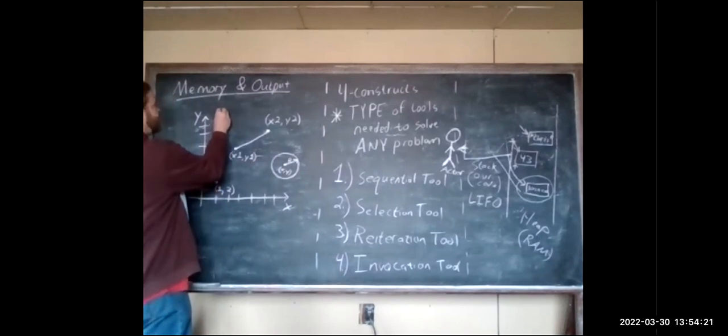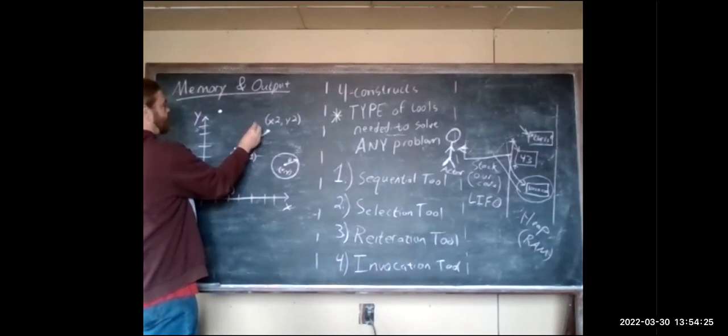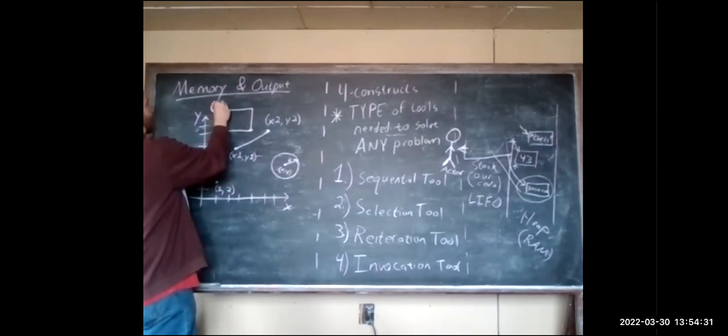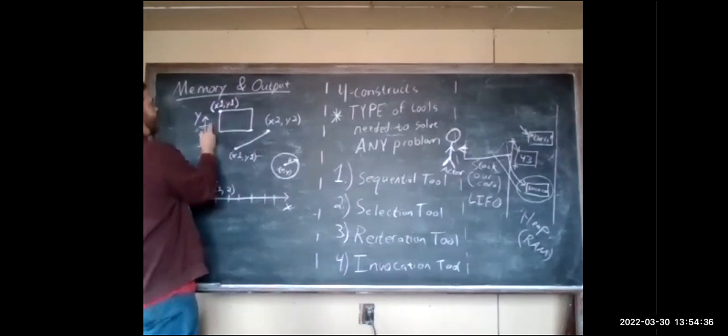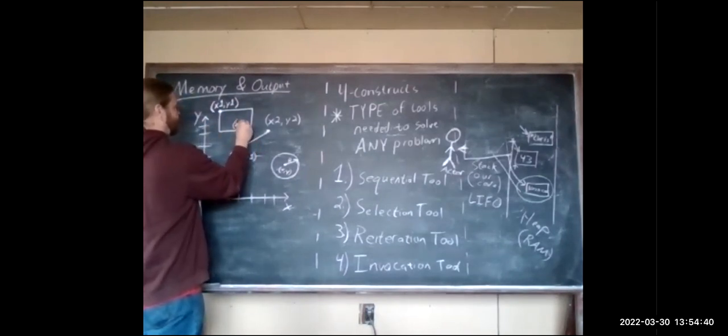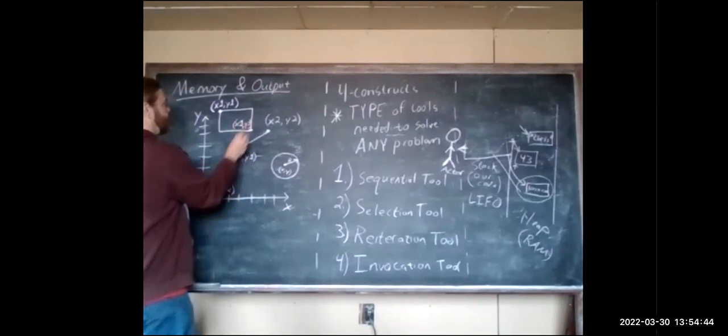A rectangle, we can do with 2 points. So we have X1, Y1, and an opposite corner. That was awful close to the other one. X2, Y2.